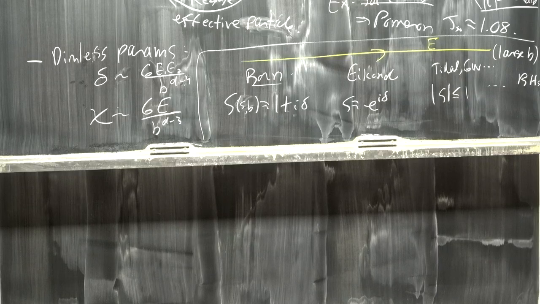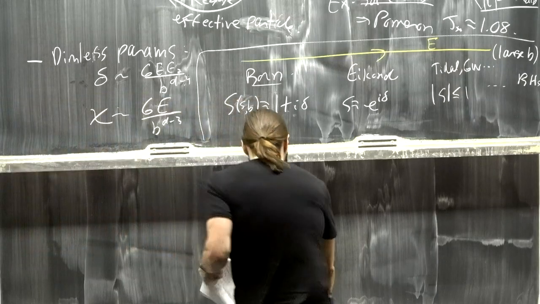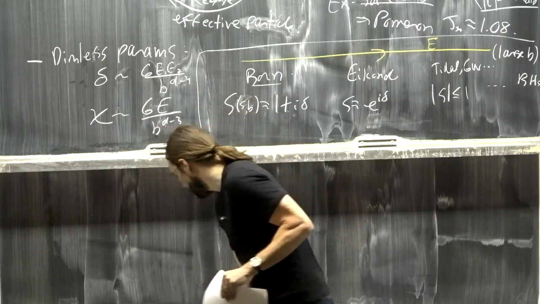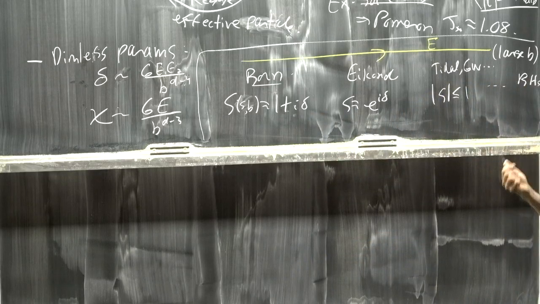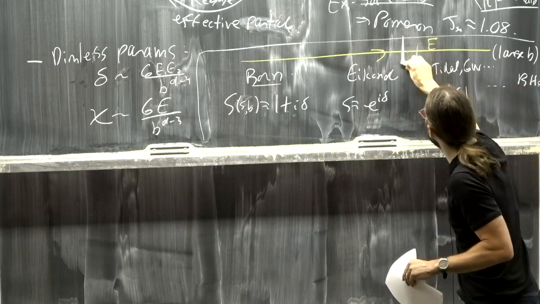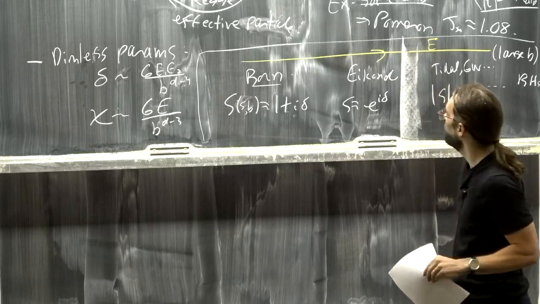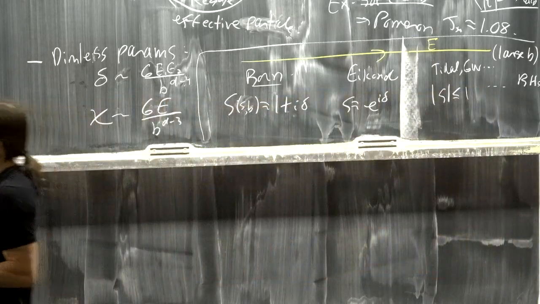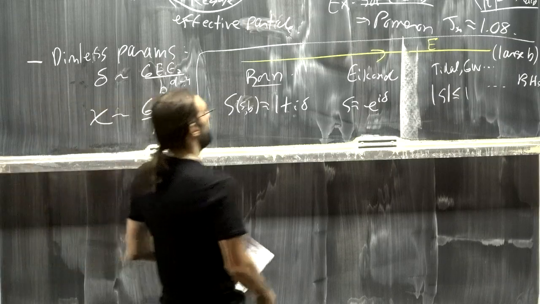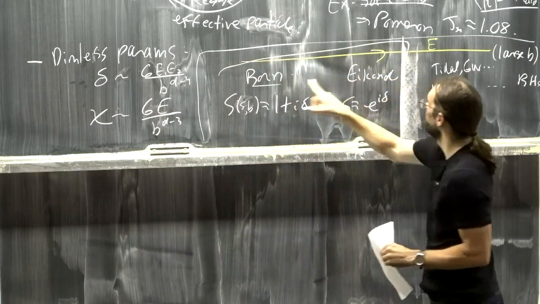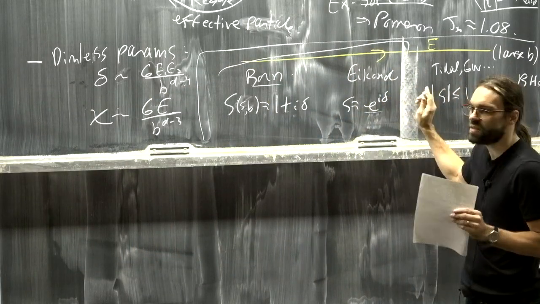Okay, so this storyline will be discussed much more at length in Sebastian Mizera's lectures. And here I just want to say that the calculation we did yesterday of the deflection angle works up to here. So essentially this exponentiation was perfect.